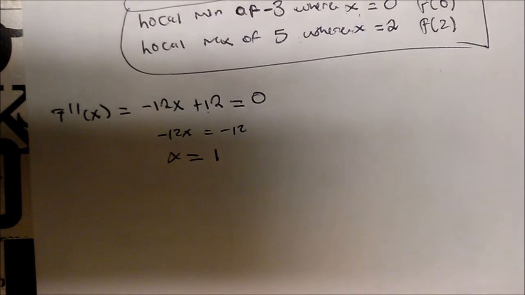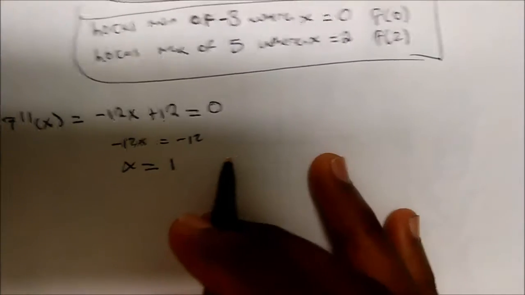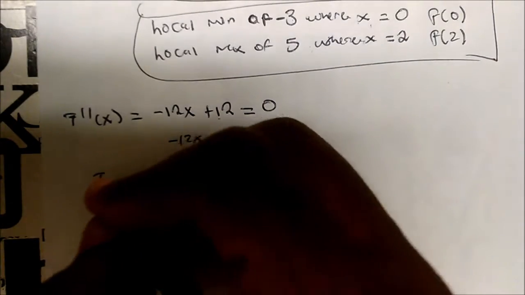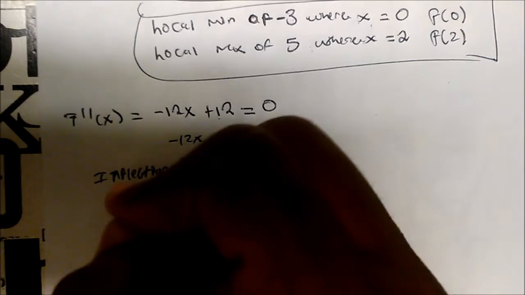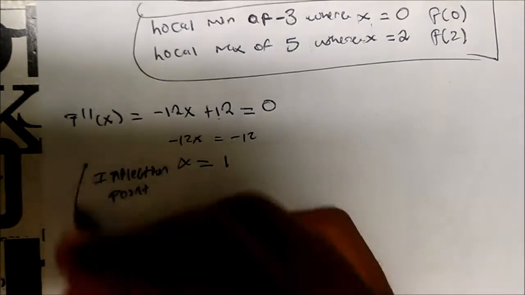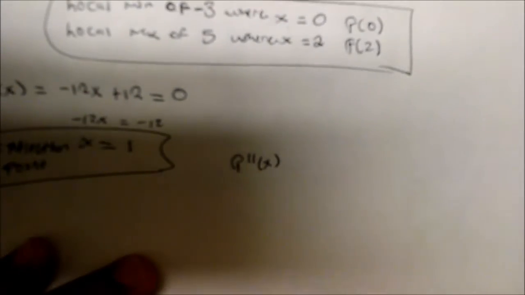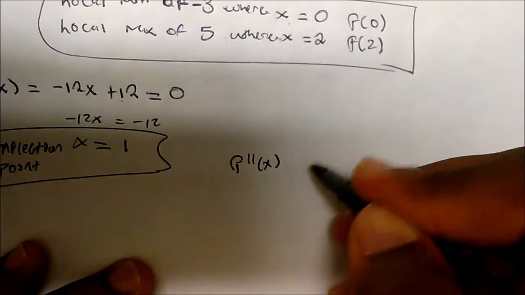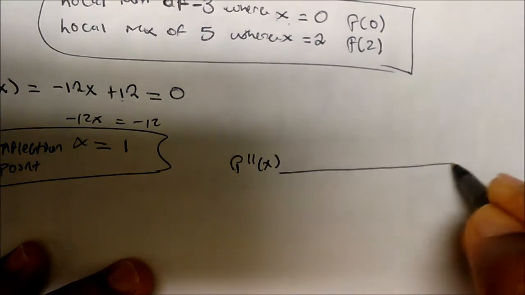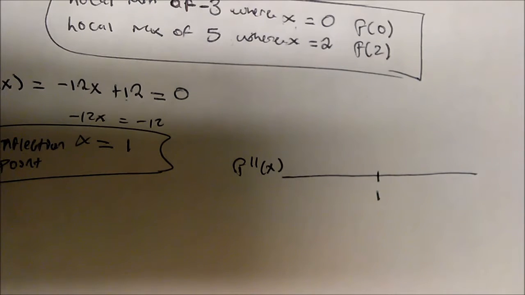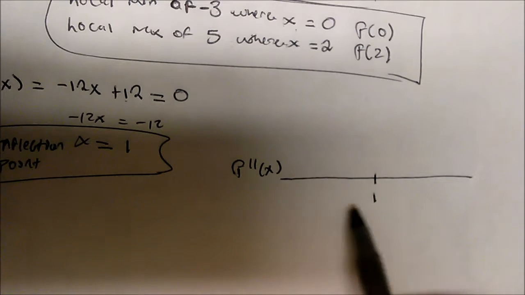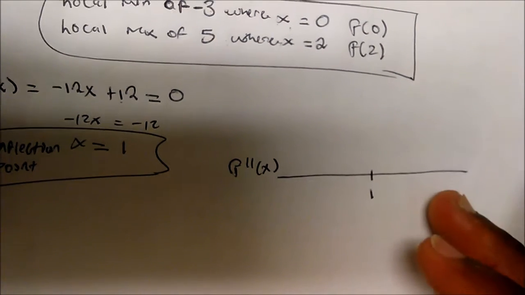All right, so x can be 1 in this case. This will be your inflection point. And so we're going to draw a line for f double prime, with 1 on it, and we're going to have our inflection point here.